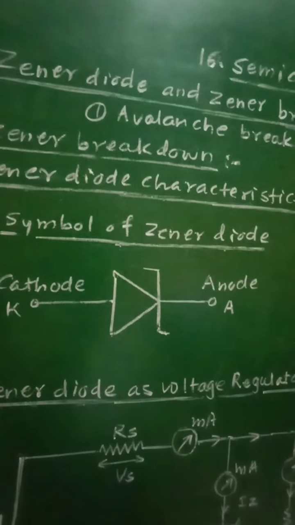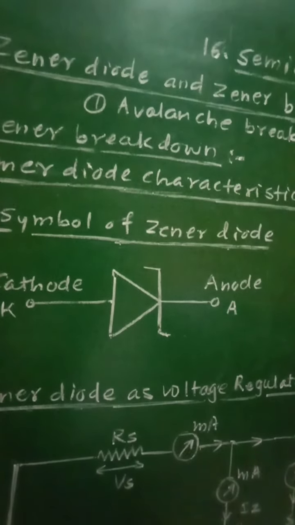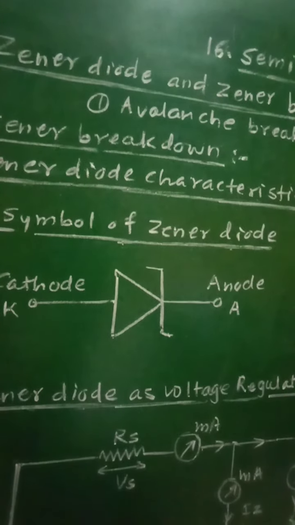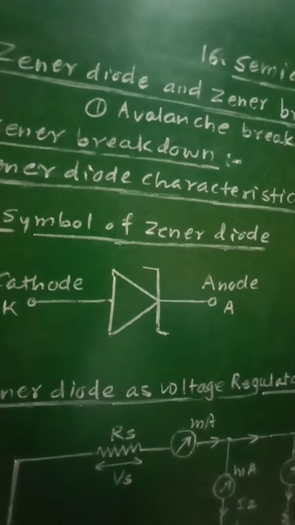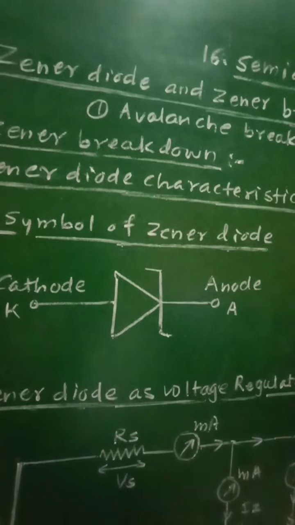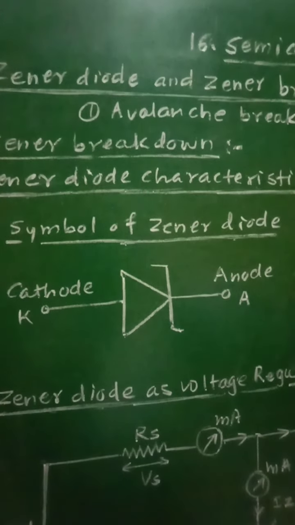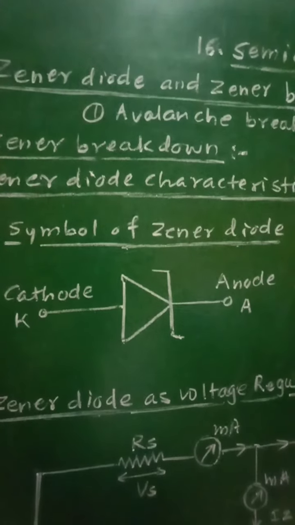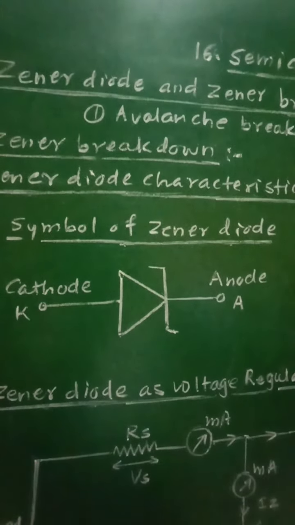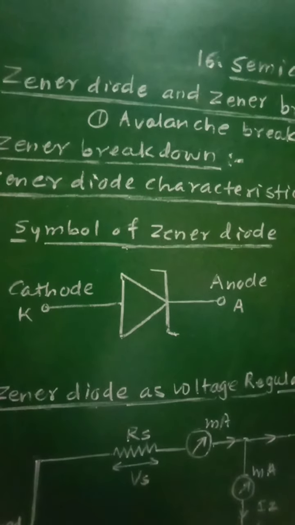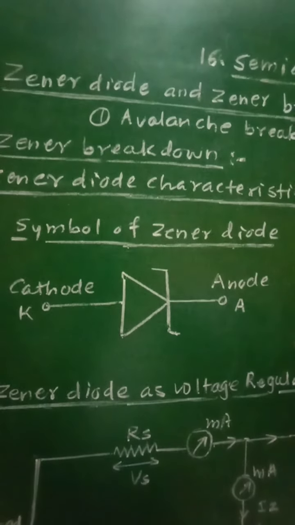So the covalent bonds which hold the electrons together are broken due to this force of attraction, and the electrons are removed from the bonds. Now these free electrons are available for electrical conduction, and it will result in a large amount of current.